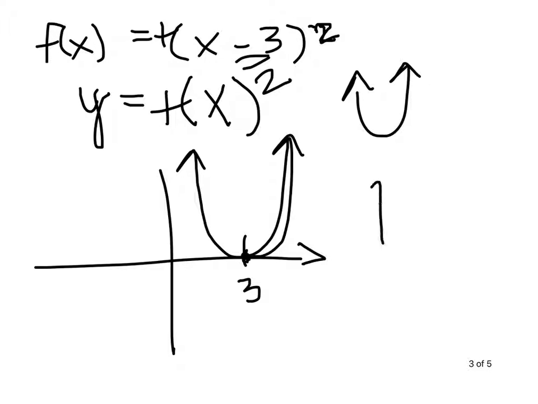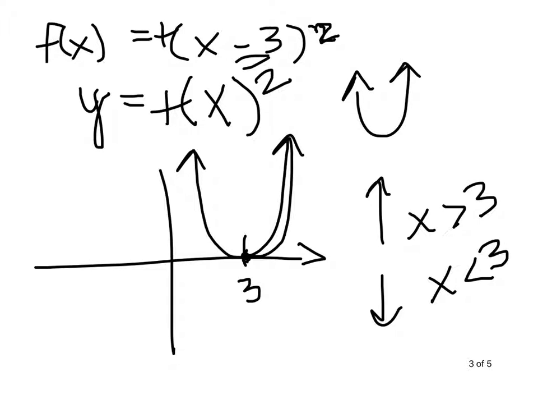So it's increasing for x greater than 3, and it's decreasing for x less than 3. But she wants you to put it in interval format, so remember what that looks like, right? And really this is, I would leave it like that actually. So from negative infinity to 3.